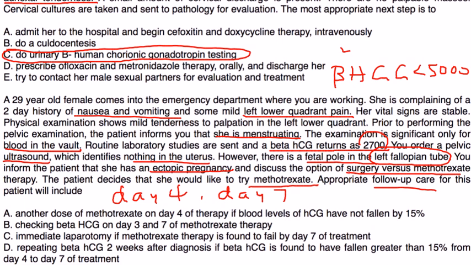So, which one of those would that be? Right here. Repeating beta-HCG 2 weeks after diagnosis, if beta-HCG is found to have fallen greater than 15% from day 4 to day 7 of treatment.